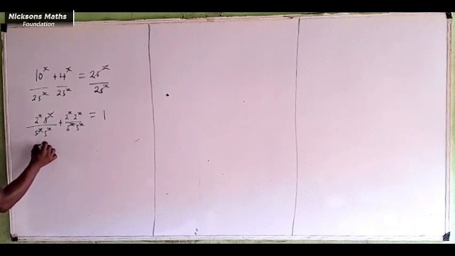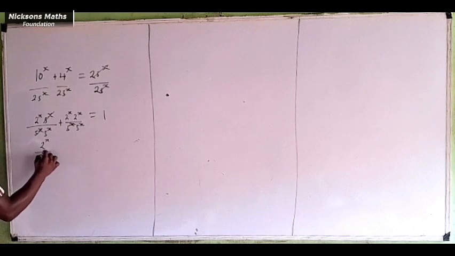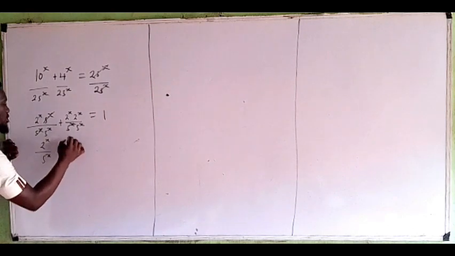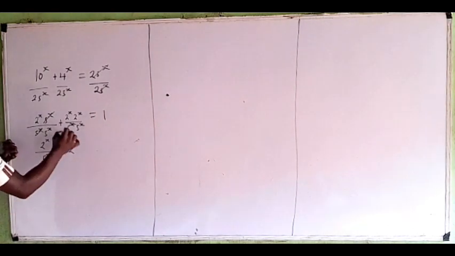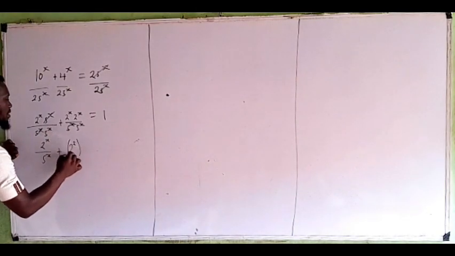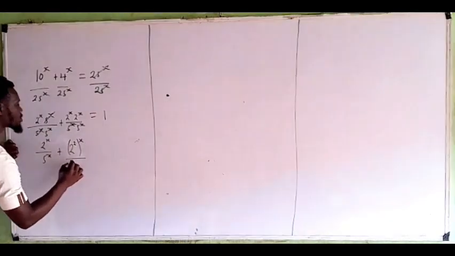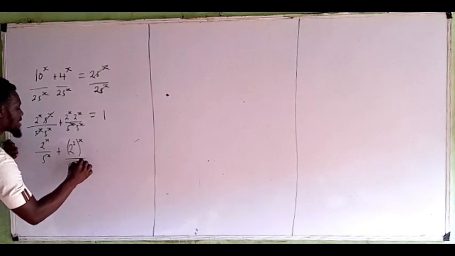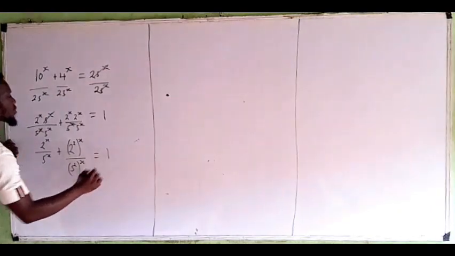So we are left with 2 raised to power x all over 5 raised to power x plus, then this is the same thing as 2 raised to power 2 raised to power x, and here is also 5 raised to power 2 raised to power x, equals 1.